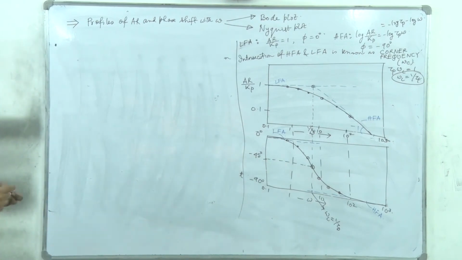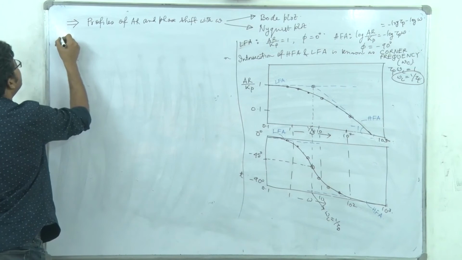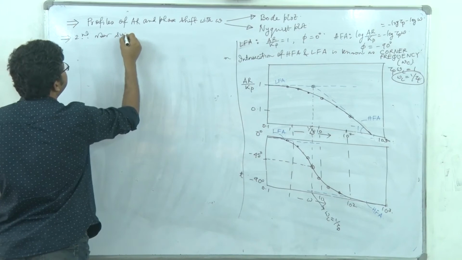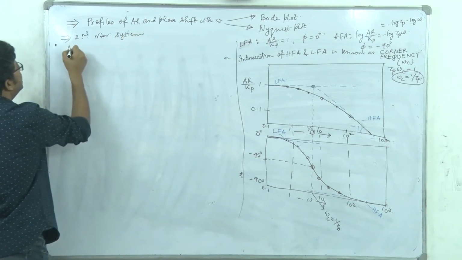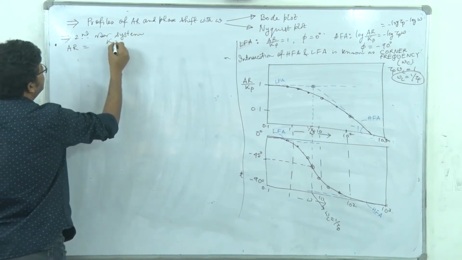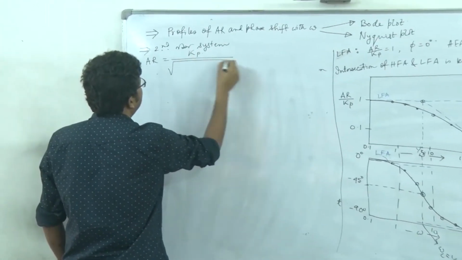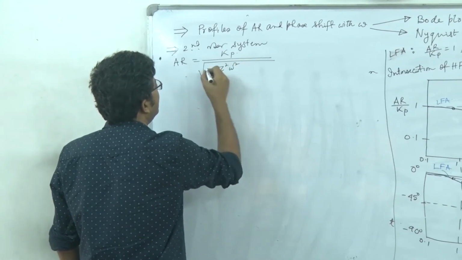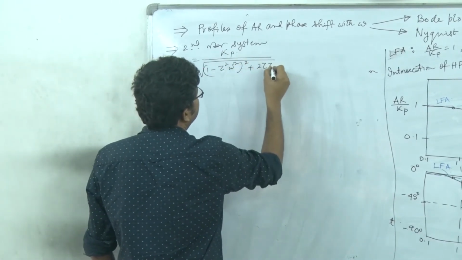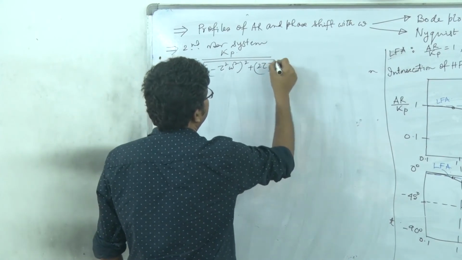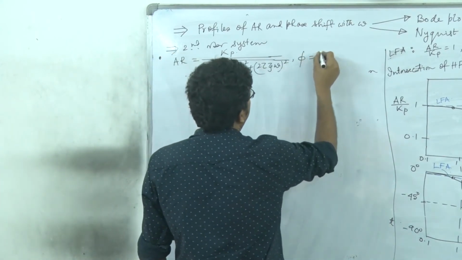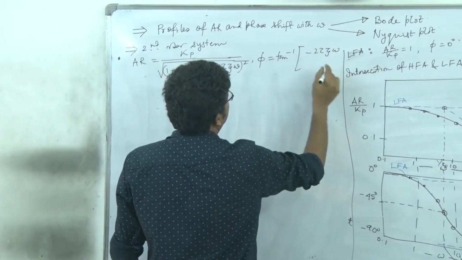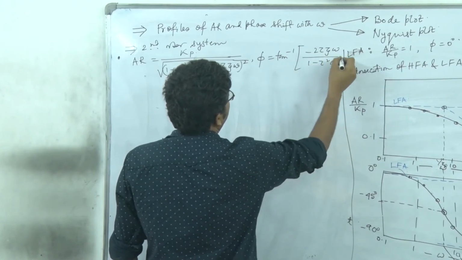See, this is the second order system. We have already found that amplitude ratio AR is Kp divided by under root of (1 minus tau square omega square) whole square plus (2 tau zeta omega) whole square, and phi is equal to tan inverse of minus 2 tau zeta omega divided by 1 minus tau square omega square.